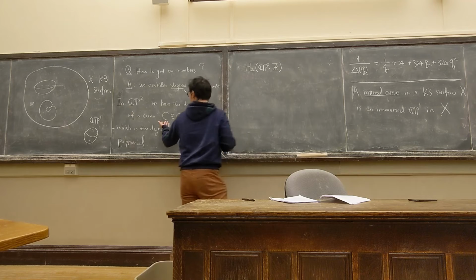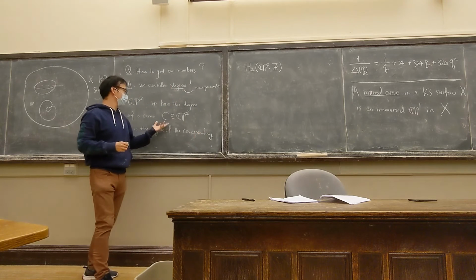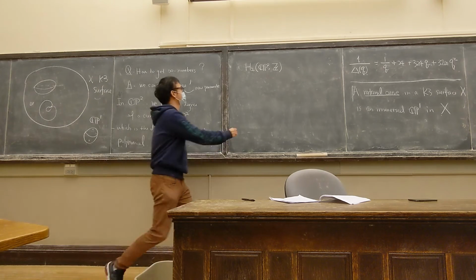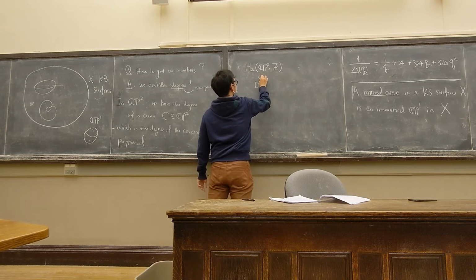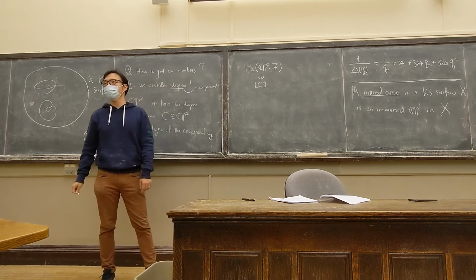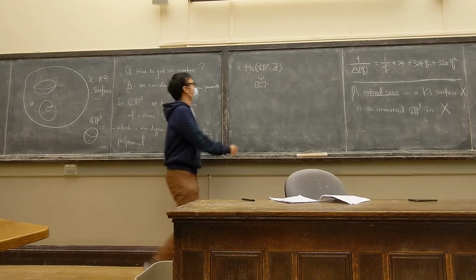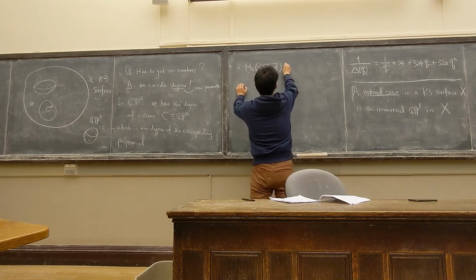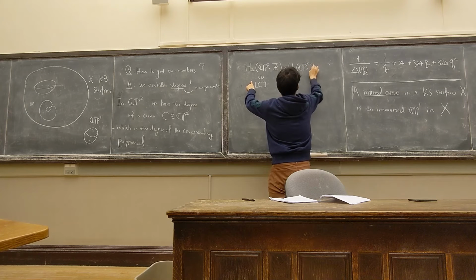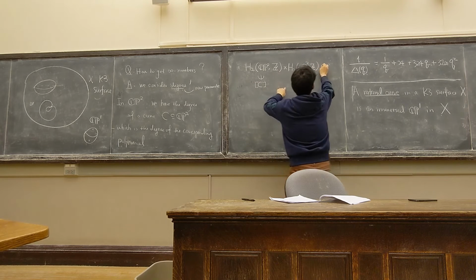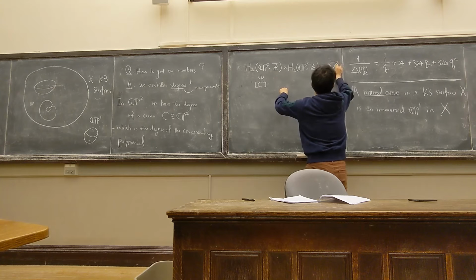And if you have an embedded curve, then this actually represents a class here. And since this is a four-dimensional manifold, there is something called the intersection pairing. So this is the intersection pairing.